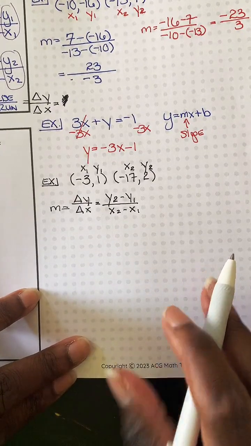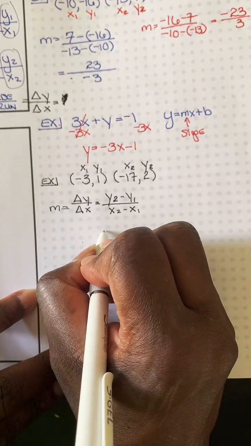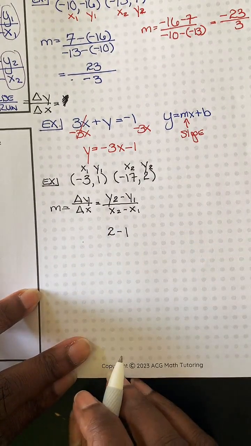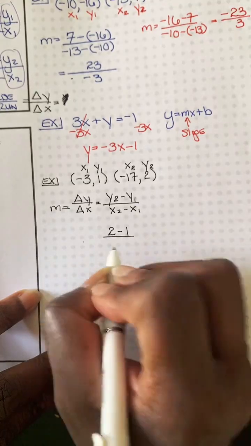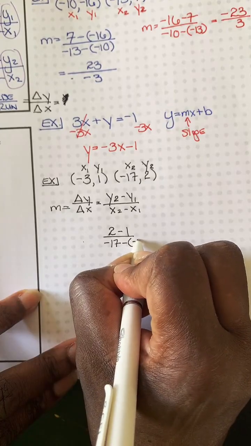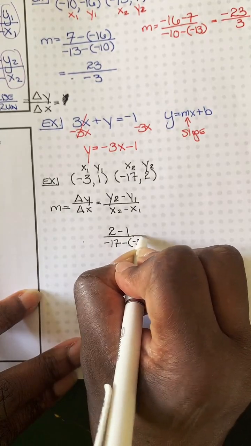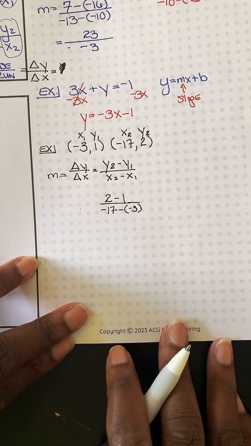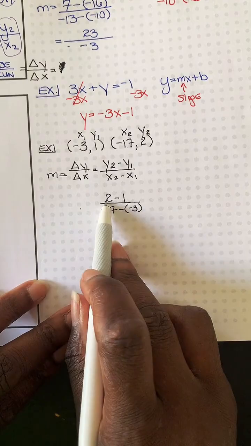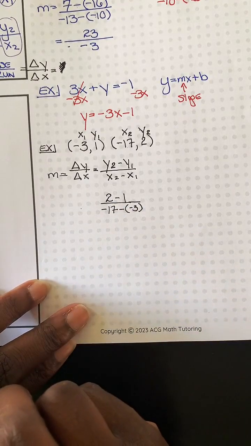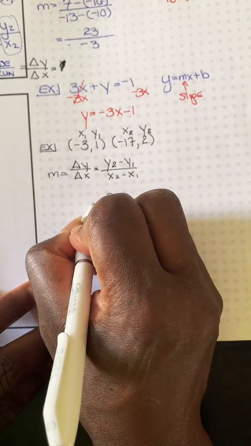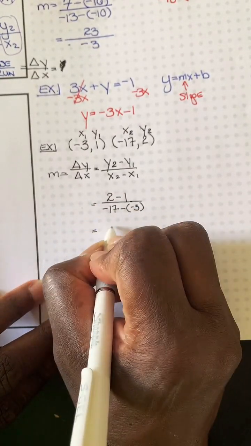If you do that, you're going to have 2 minus 1 over -17 minus -3. When we take a closer look, all we have to do is combine the numerator and the denominator. So 2 minus 1 gives me 1.